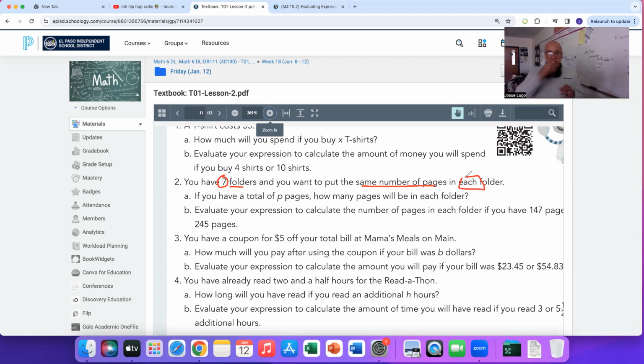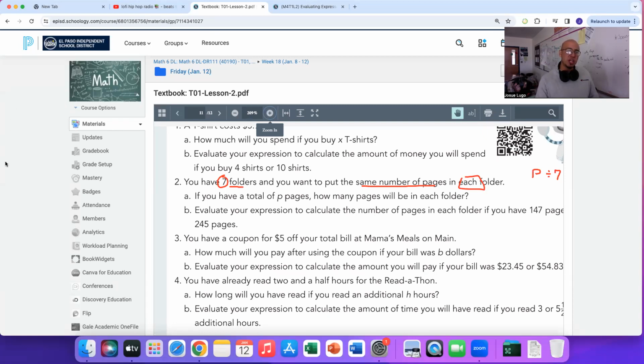We don't know the number of pages, but we're separating it into 7 folders and each one has the same number. Guys, what operation is that? Clearly that is division. I'm dividing the pages into 7 folders and each one's going to have the same number. That's why it is division.